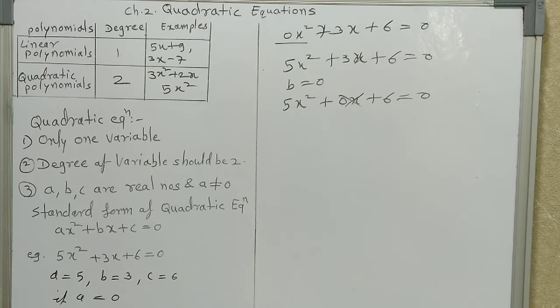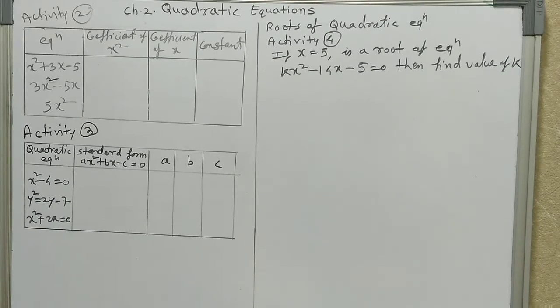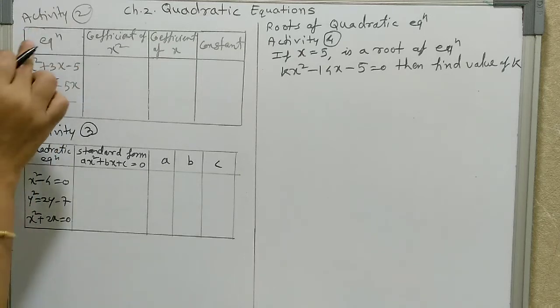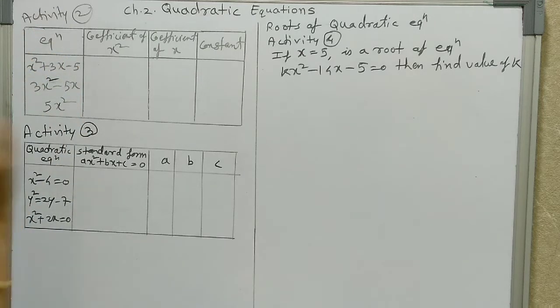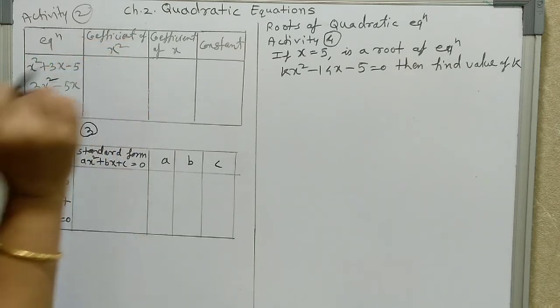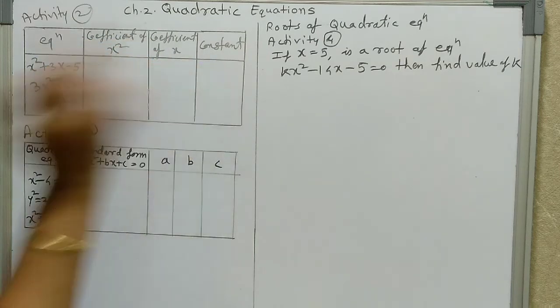Now we see the next part of this chapter, the standard form of the quadratic equation. In your textbook, page number 31, is given activity number 2. Here 3 equations are given, and we write the coefficient of x square, the coefficient of x and the constant.